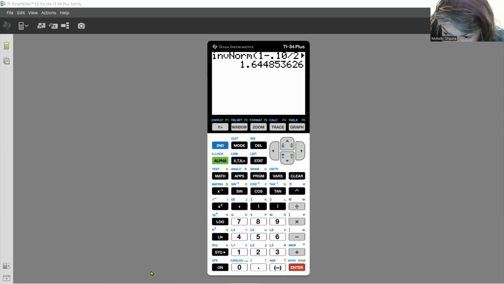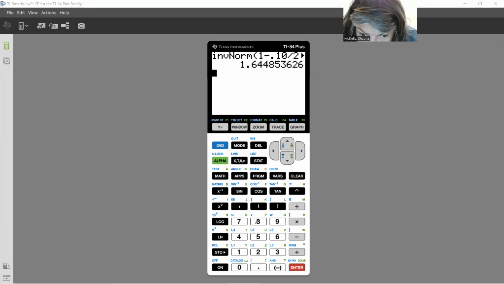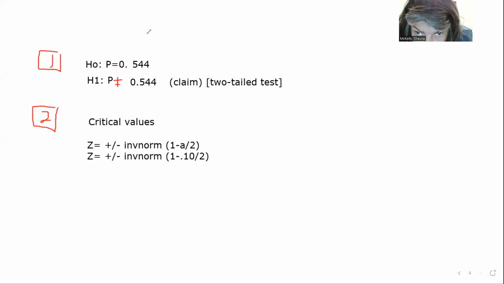So in this case, our z's are equal to negative 1.645 or positive 1.645.